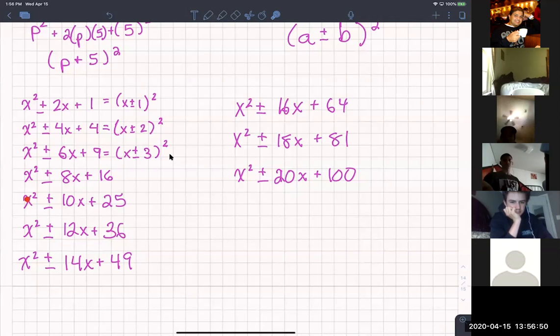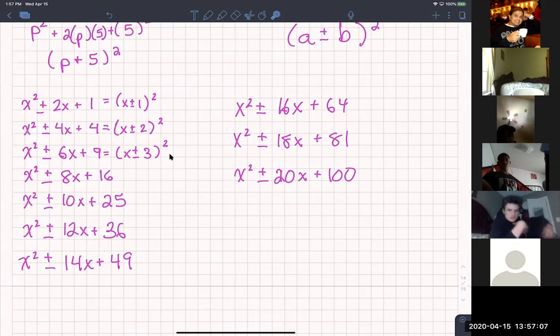Here, square root of the first term, square root of the second term, which is 5, times 2, which is 10. Square root of the first term, square root of the second term, which is 6, times 2, which is 12. Does everyone see the pattern? Yes.